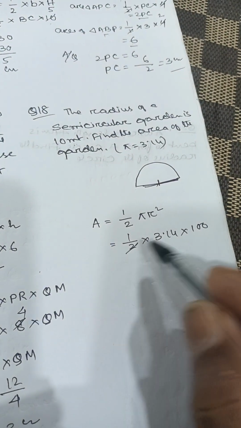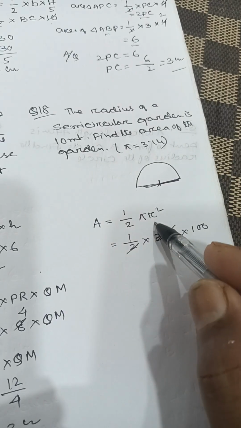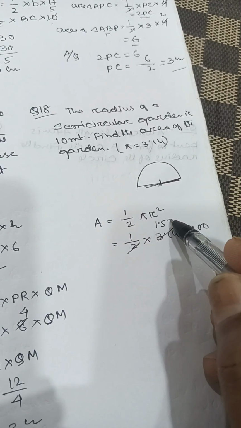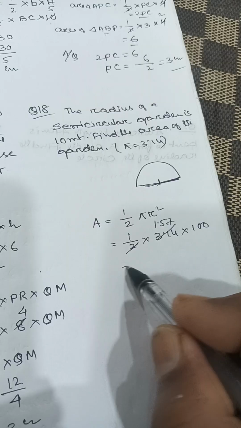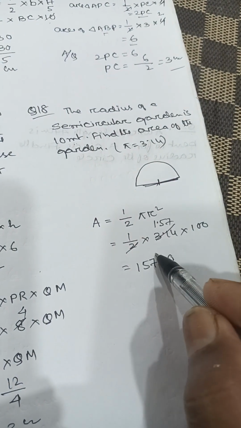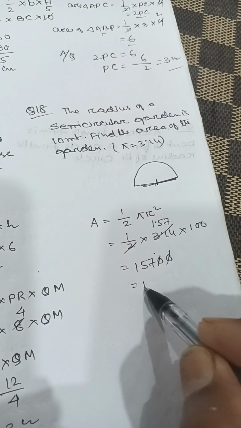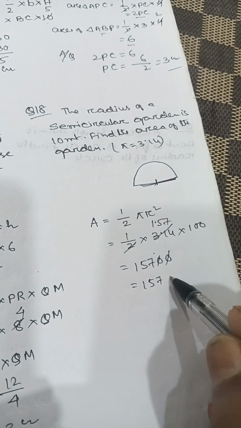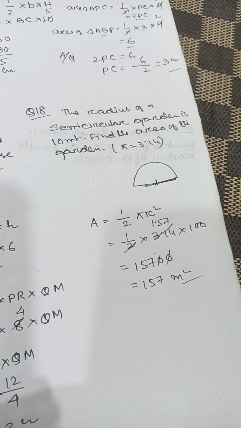Now cancel by 2. It will be 1.57 into 100, and 1.57 into 100 will be 15700. Decimal will be after 2 digits. So answer will be 157 meter square. This is question number 18.